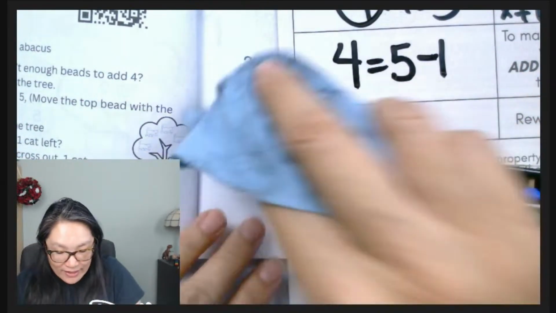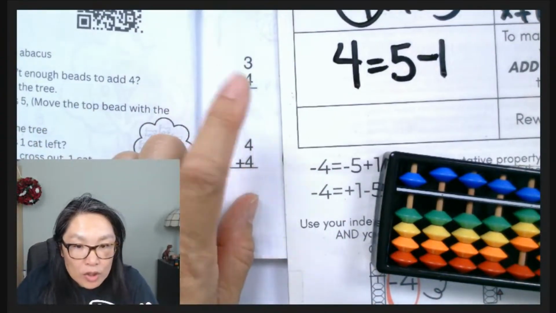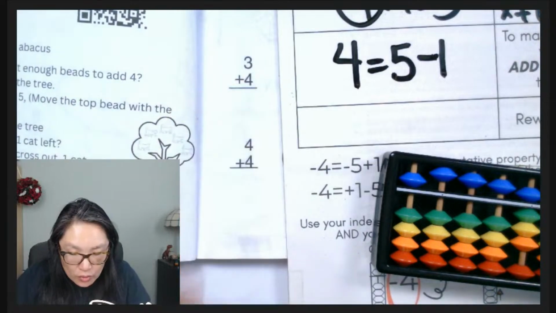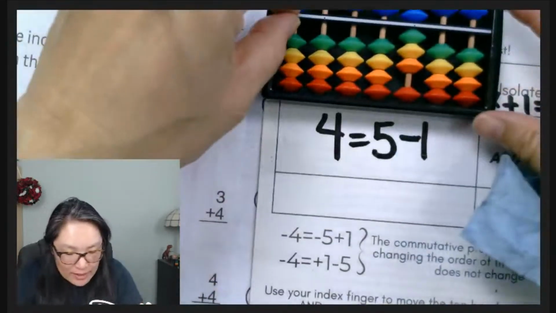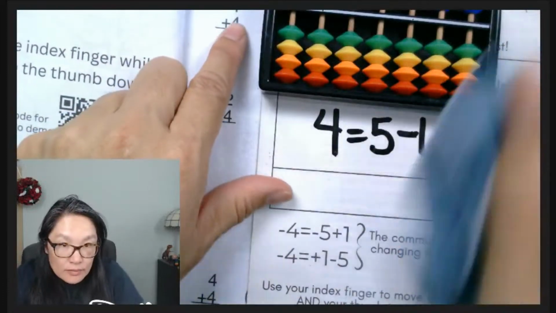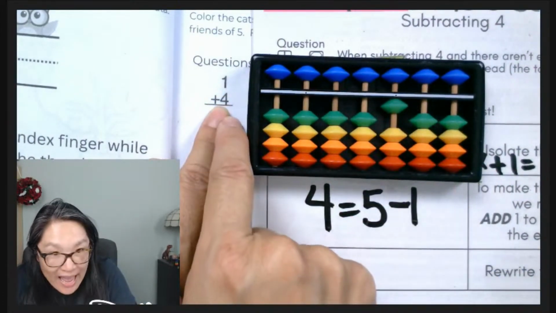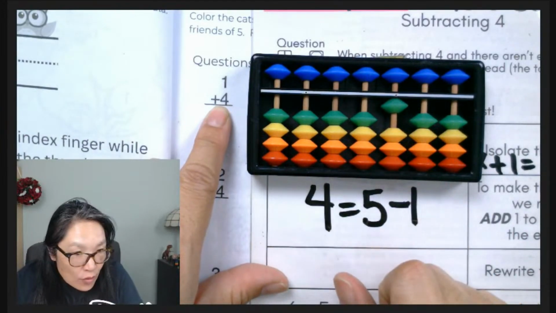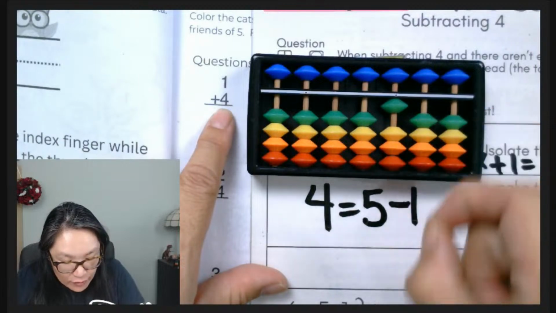So the one thing that we need to do is understand that we do not want to look at the answer. We want to look at the question. So what we want to do is look at the abacus. If I'm adding the 4, if I have the 1 and I want to add 4, my question is do I have enough beads to add the 4? No, I don't have any more beads to add the 4. I only have 3 beads.